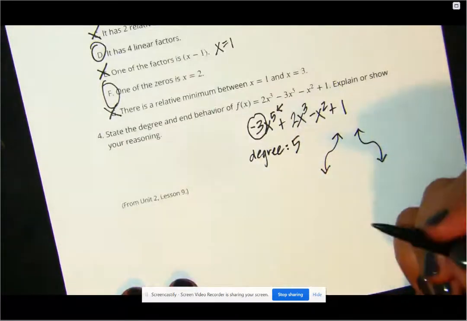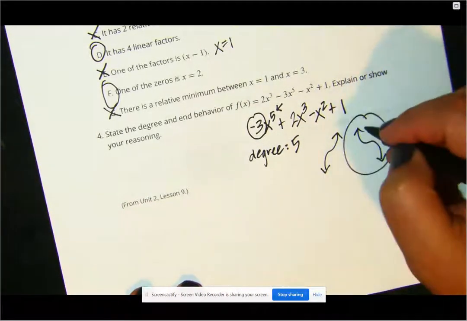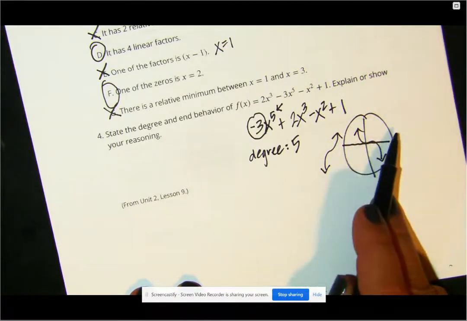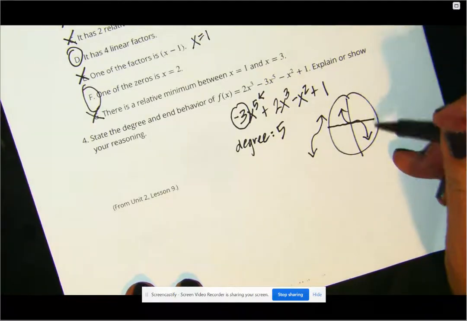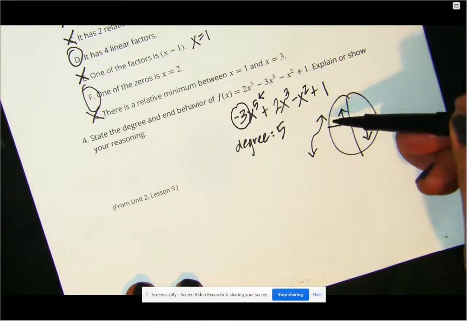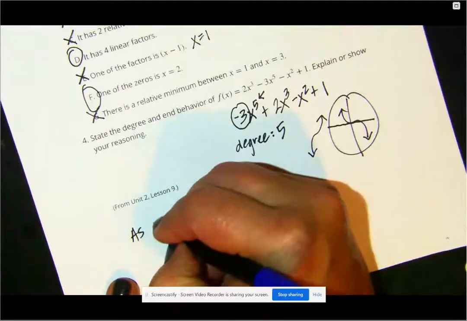And so remember, this is kind of a lot of writing, but so I know it's this one. So imagine as you walk to the right, as you get bigger and bigger for x, y gets bigger and bigger in the negative direction. And then as you get larger and larger in the negative direction for x, y gets larger and larger in the positive direction.